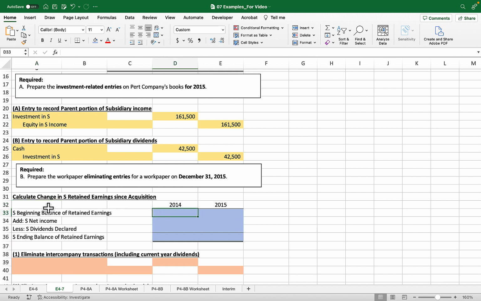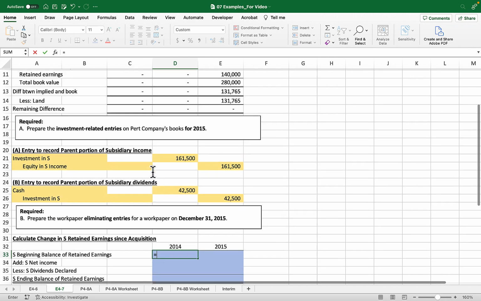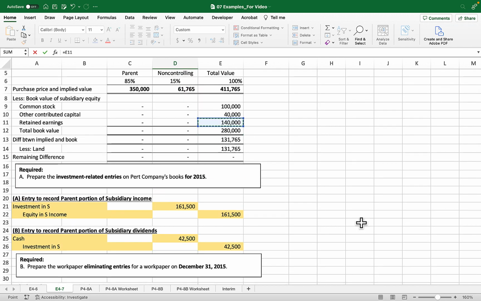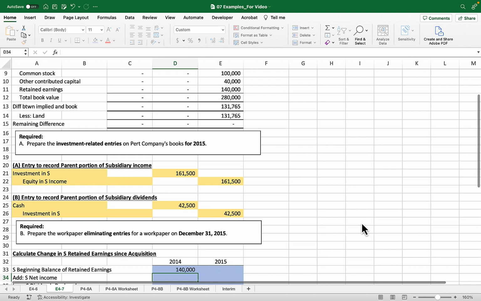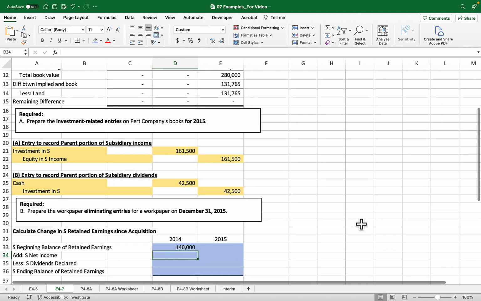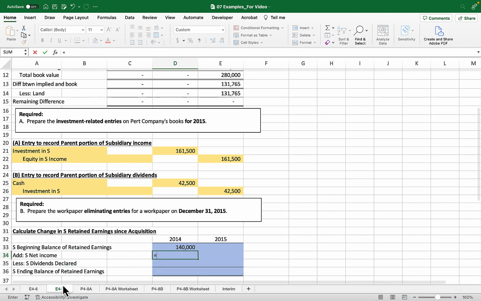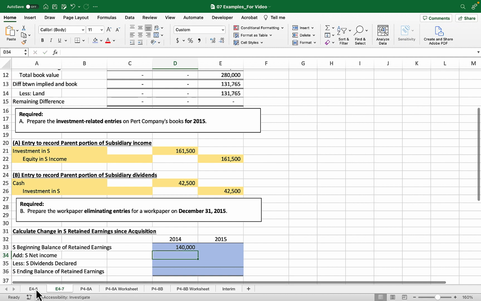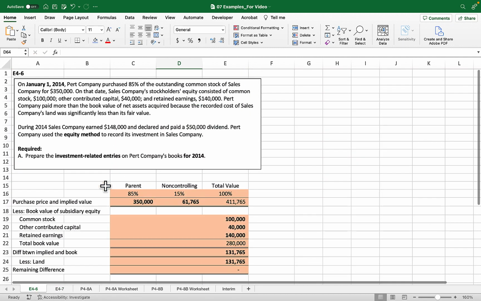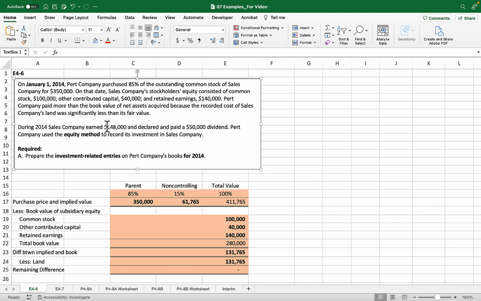So what we're going to do is we're going to put together a little retained earnings roll forward. This is basically a statement of changes in retained earnings. And so on our date of acquisition, which was 1/1 of 2014, our subsidiary had a retained earnings balance of $140,000. That's memorialized in our CAD. Then last year, we're going to have to go back to our other example. Last year, our subsidiary recorded net income of $148,000 and a dividend of $50,000.